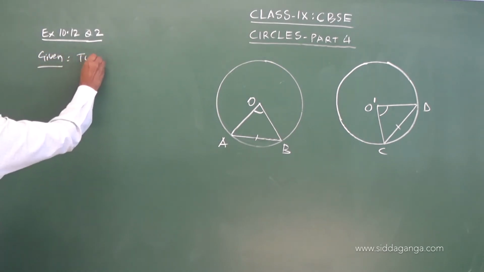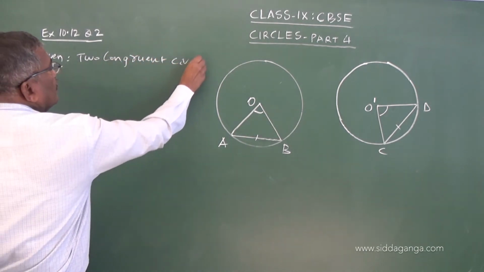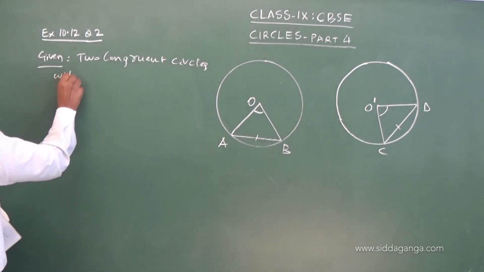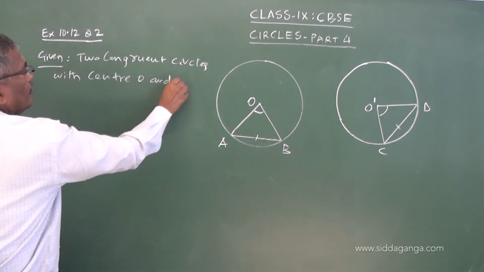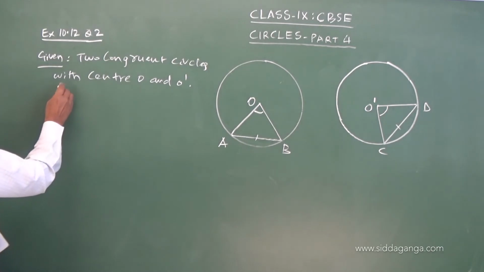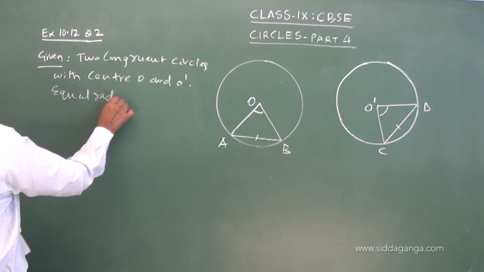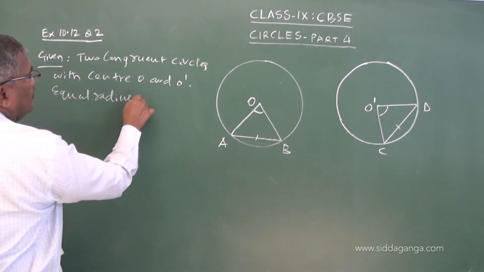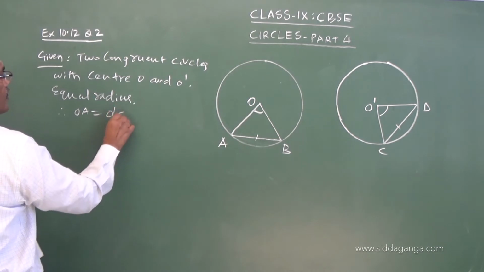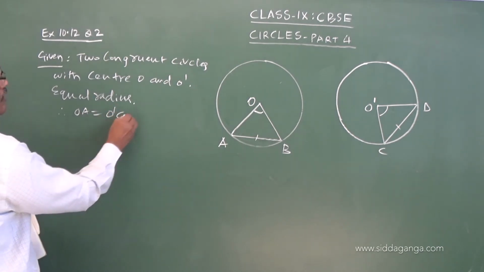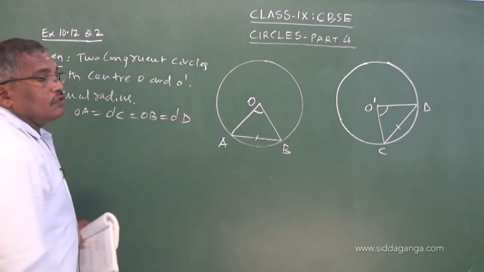Two congruent circles with centers O and O dash, equal radius. Therefore OA equals O dash C, and OB equals O dash D. So all these are equal.